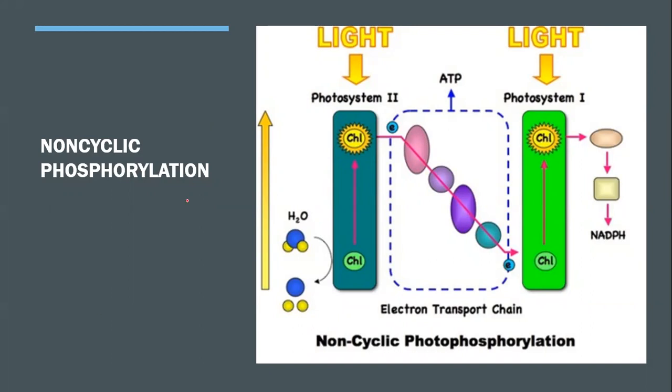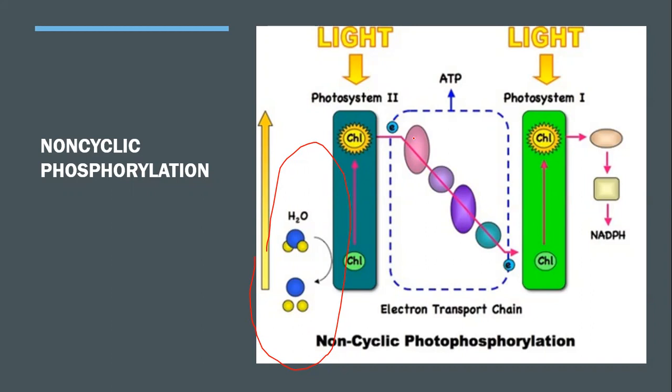Those hydrogen ions are going to come from the breakdown of water. And in this process, ATP is again going to be produced. Now, this non-cyclic phosphorylation is done both in photosystem 1 and photosystem 2. This is non-cyclic because the electron does not return back to the original system.